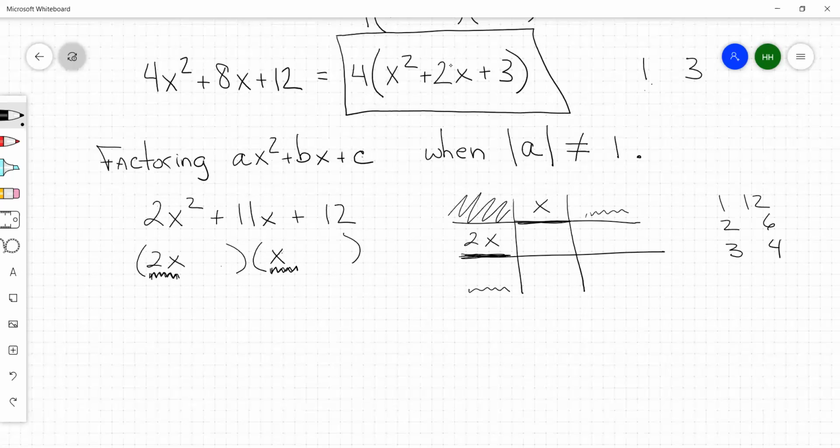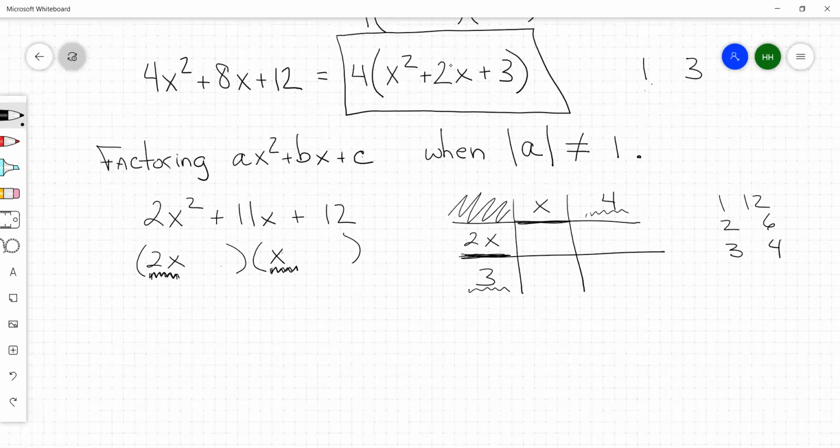Now, since this 2 is in front of the x, 3 and 4 means also 4 and 3. So I need to get to 11 in the middle. Everything's positive. I'm gonna cheat a little bit. I'm better at this. I'm gonna go with 4 and 3.